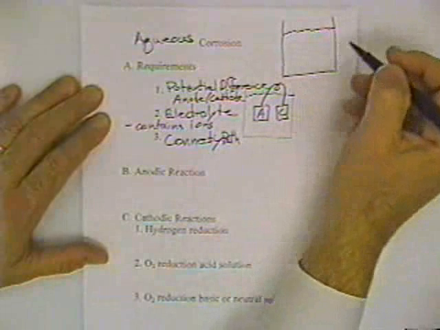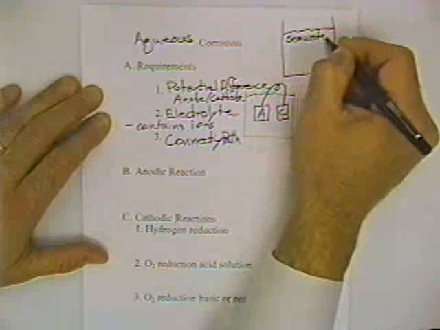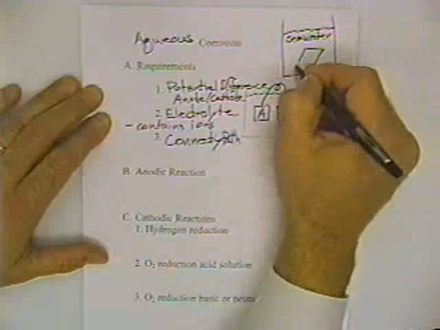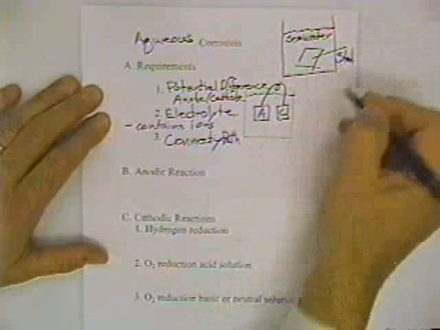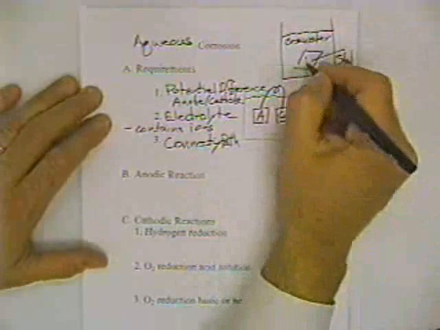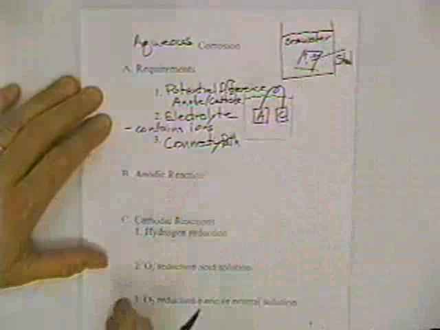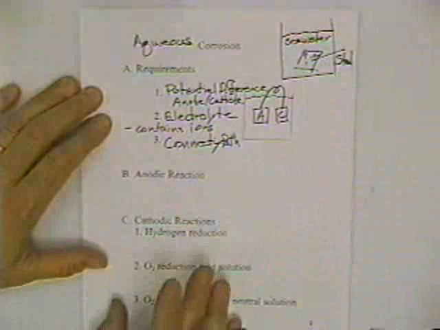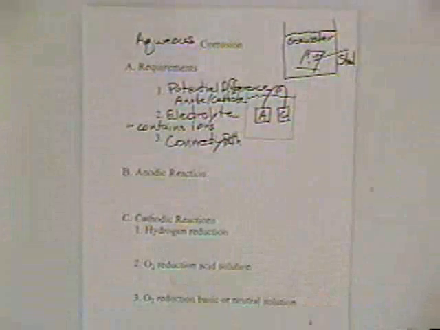So if we have an electrolyte, let's call it seawater, and if we put a piece of iron or steel in that electrolyte, then there will develop on there local anodes and cathodes so that the connecting path is within the metal.